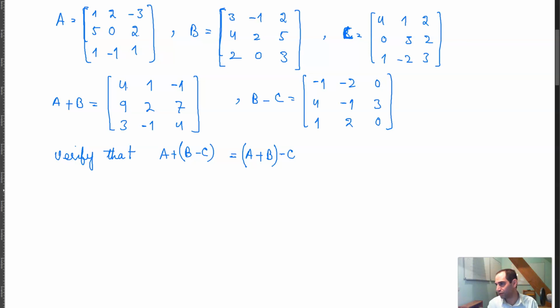We call this the associative law of addition. This is nothing but the associative law of addition, although there is subtraction, which is the same thing as addition, meaning that when you're subtracting, you're actually adding, but adding the negative of the other matrix. So it's basically the same thing.